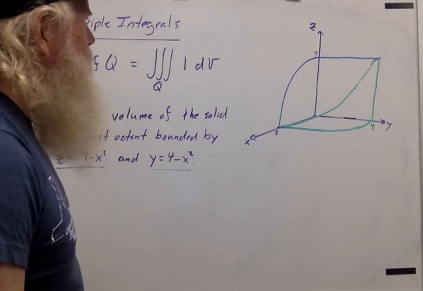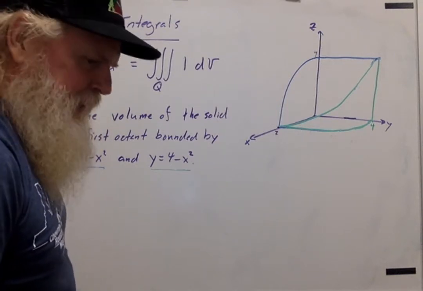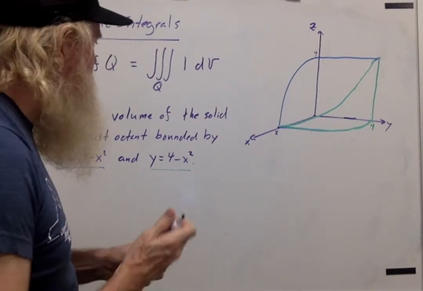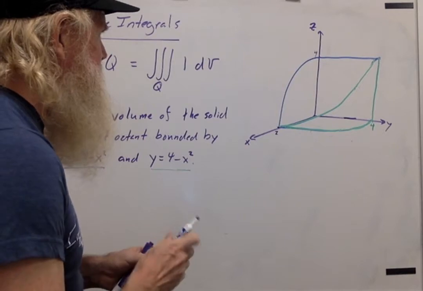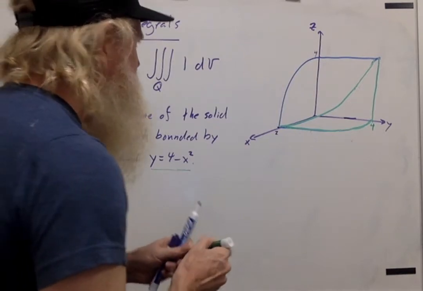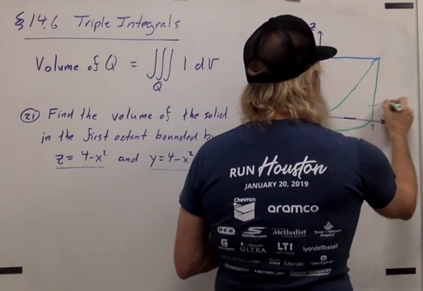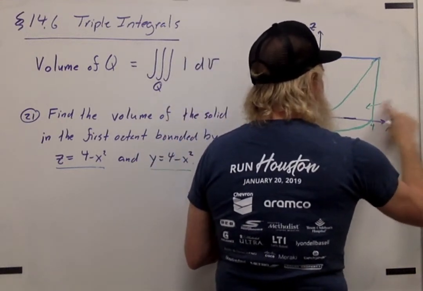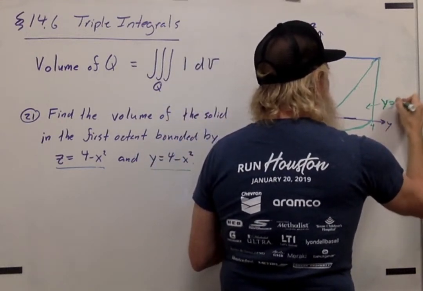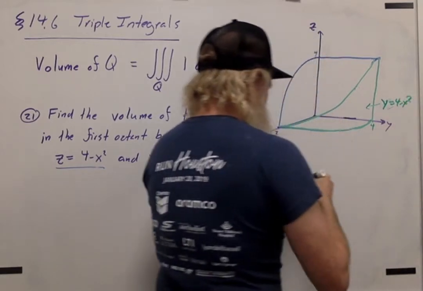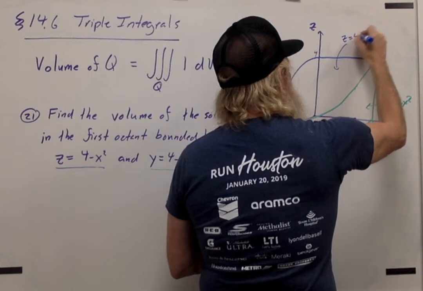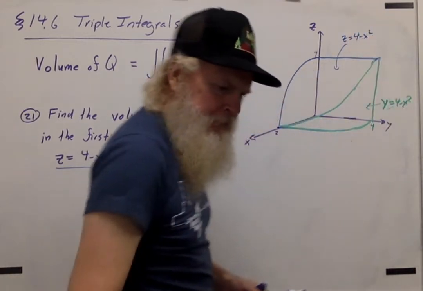Now, students often like putting dz on the inside, and so do I. I think that would be great to set up the bounds setting z on the inside. Let me label my surfaces, and then we'll do that. This surface over here is y equals 4 minus x squared. And this top surface is z equals 4 minus x squared.